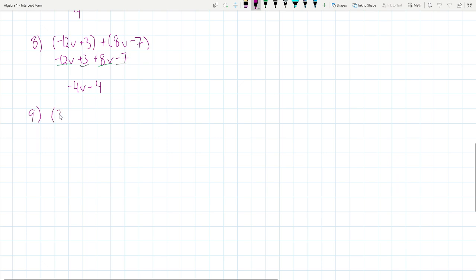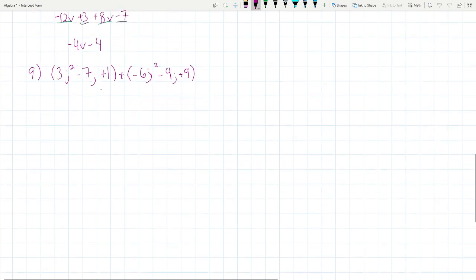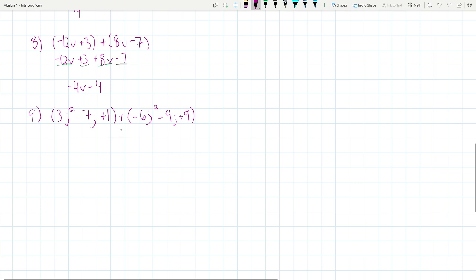If I have 3j squared minus 7j plus 1, and I add negative 6j squared minus 4j plus 9. This one looks a little bit more complex, but the reality is nothing's really changed.